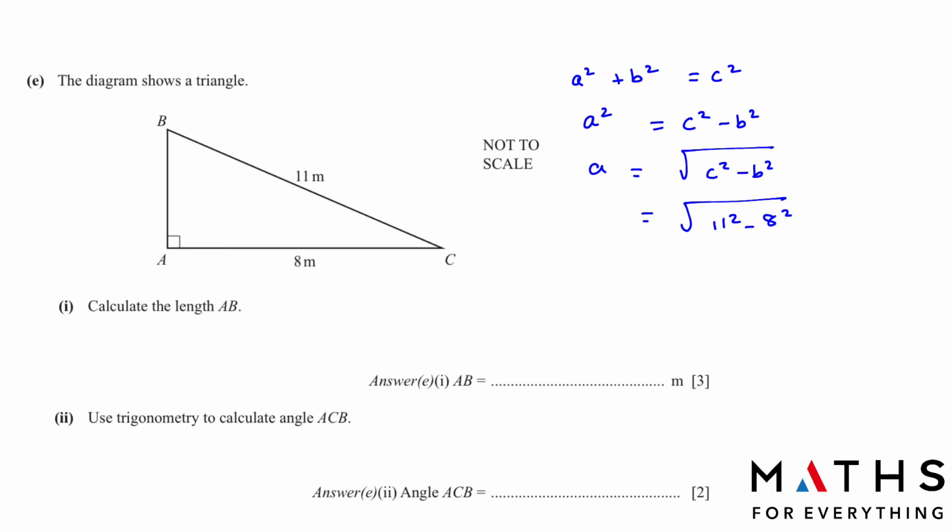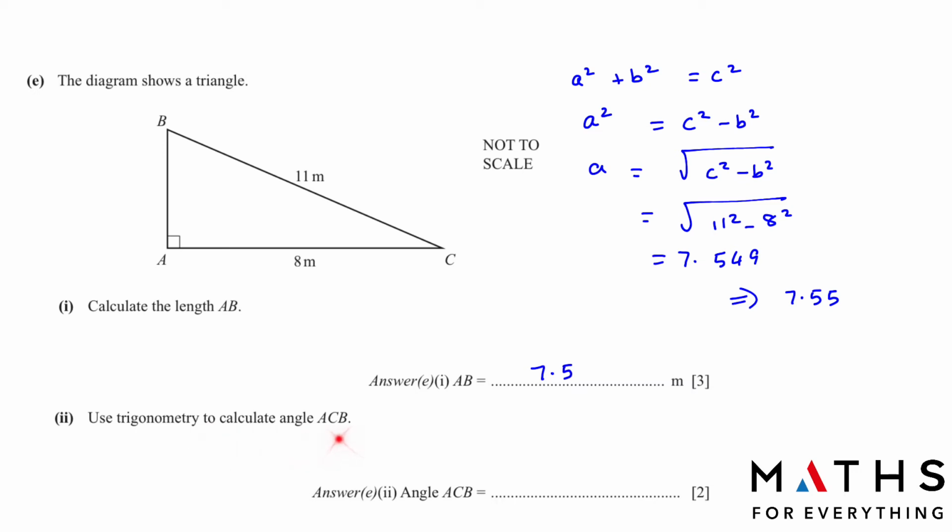We just have to use the calculator. 11 square minus 8 square. You will have the answer as 7.549. Now either round it to one decimal place, that will be 7.5, or if you are rounding it to 2 decimal places, that will be 7.55.